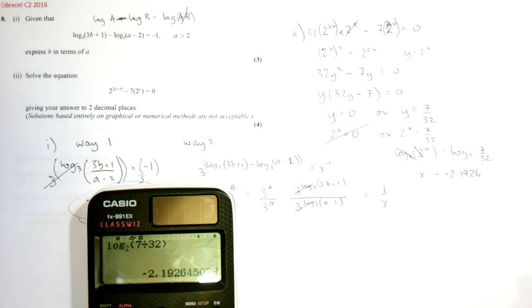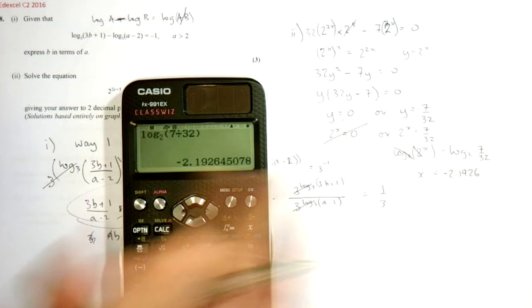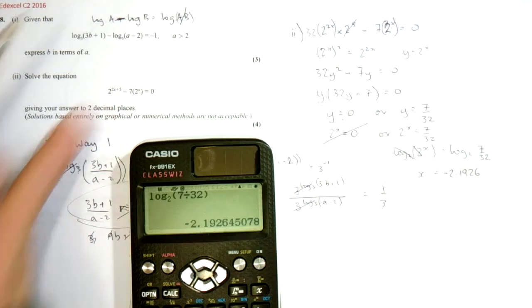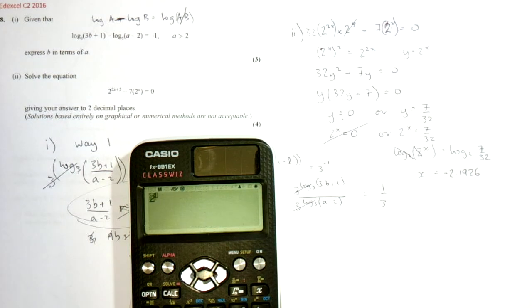And because that's the answer now, if I go back to the original equation and do 2 to the power of 2 answers plus 5, and I take away 7 times 2 to the power of answer, then the answer should be 0. Minus 2.